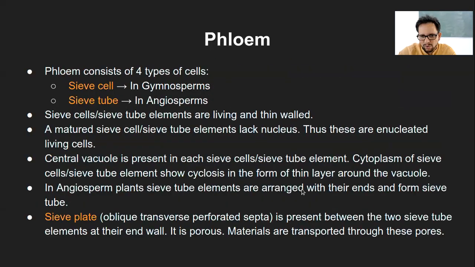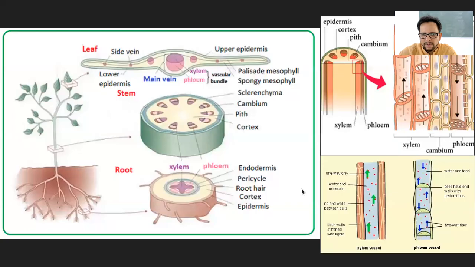I'll just quickly show you this diagram. See, this is the section of the leaf. This outermost part, which is shown in a light green color, is the epidermis, and there is upper epidermis and lower epidermis. Similarly, in this stem section, this outermost layer that you see is the epidermis.